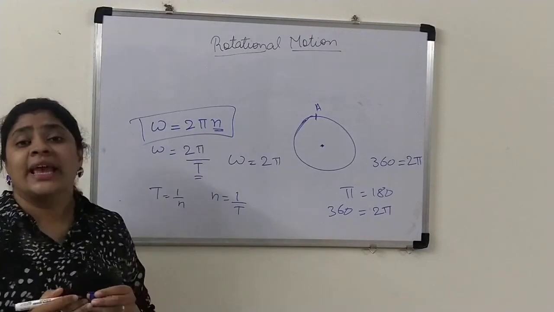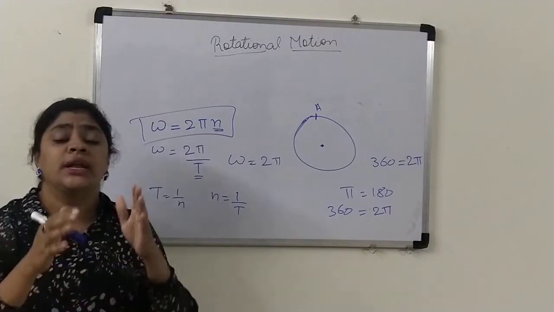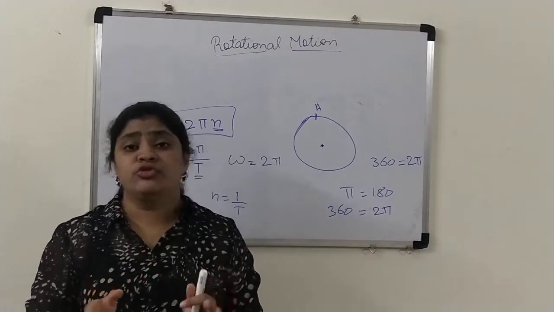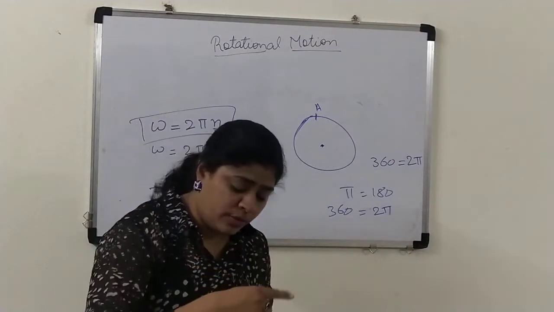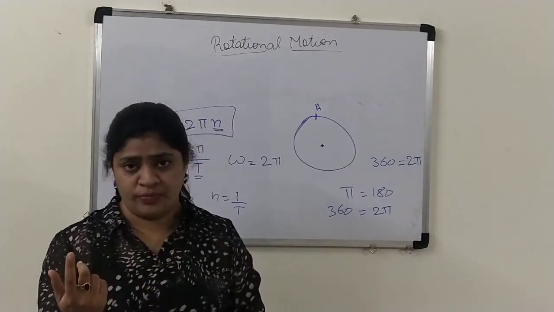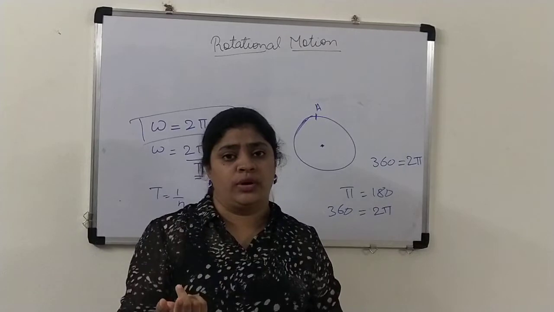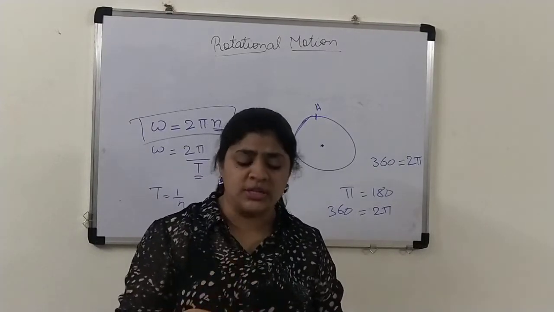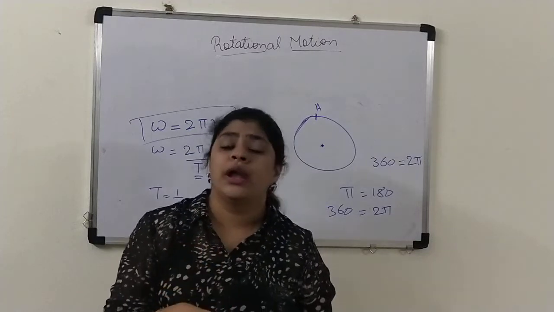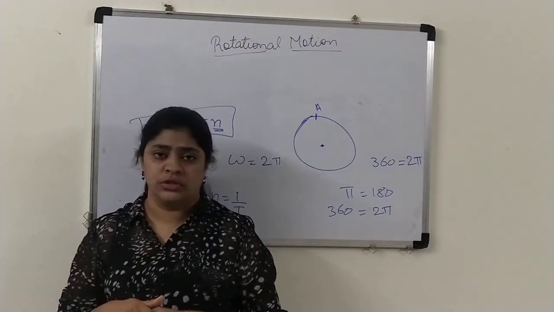Now why does this n come? n comes depending on the frequency. Suppose you and your friend are performing circular motion, your friend is faster than you, and you are a little slower. What happens in 1 minute? Suppose your friend covers 6 circles of a ground and you cover only 4 circles.